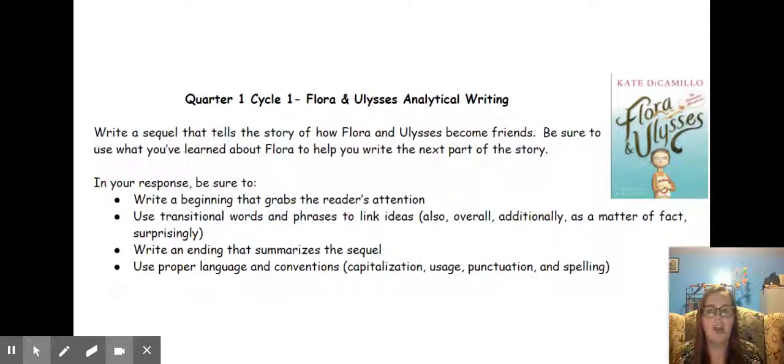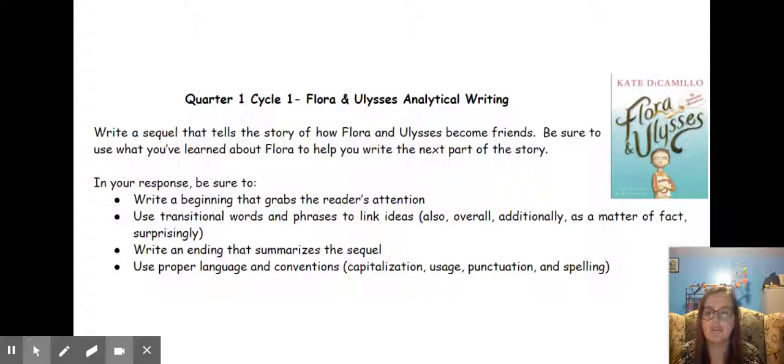And so, our first analytic writing prompt for this year is: write a sequel that tells the story of how Flora and Ulysses become friends. Be sure to use what you've learned about Flora to help you write the next part of your story. In your response, be sure to write a beginning that grabs the reader's attention.